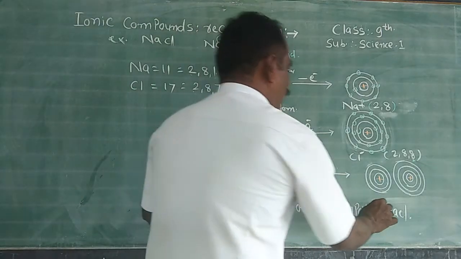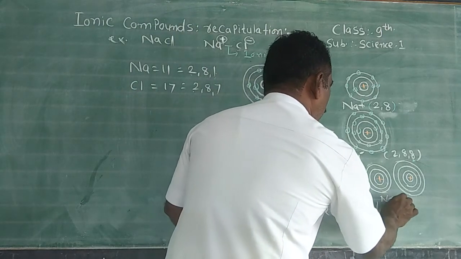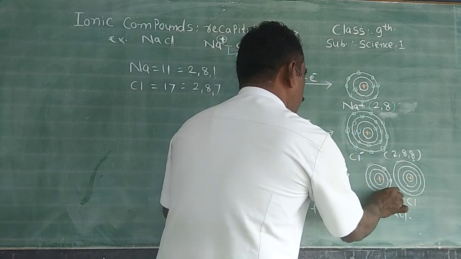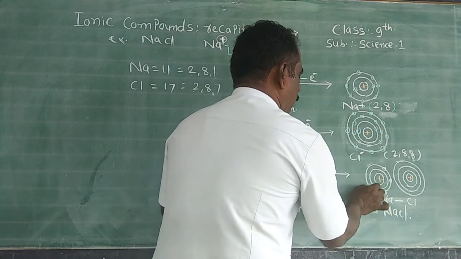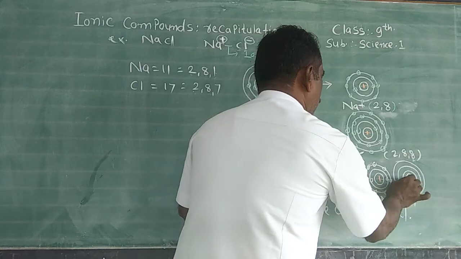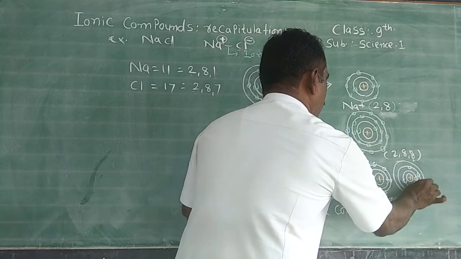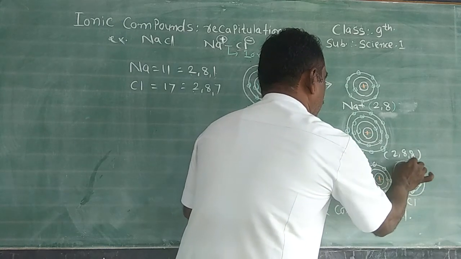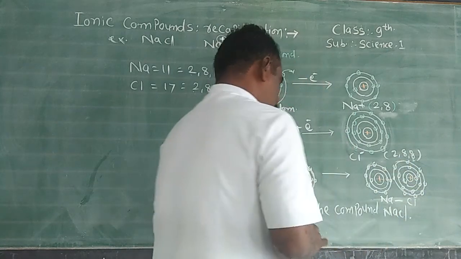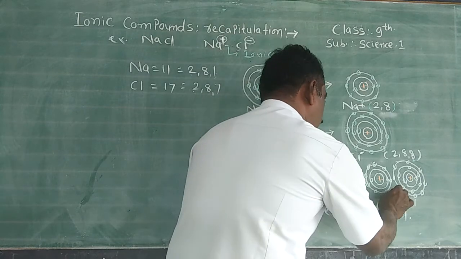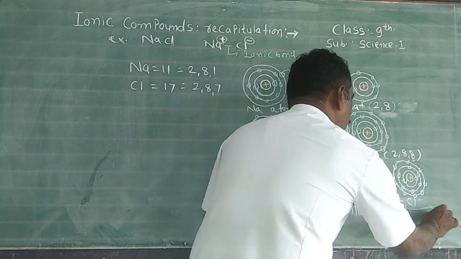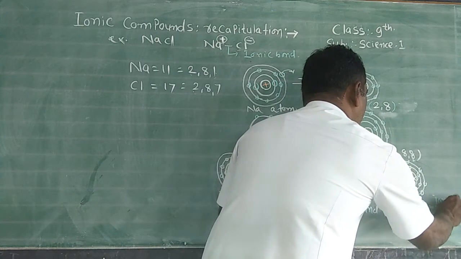It forms a positively charged sodium ion and a negatively charged chloride ion, and this electrostatic force of attraction is called the ionic bond.